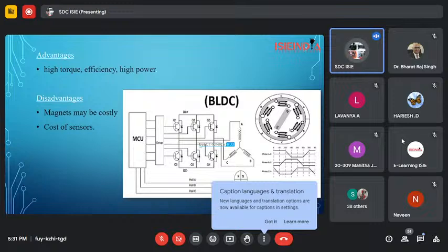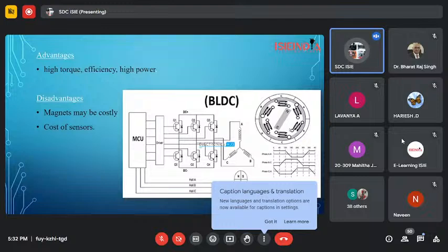So this is the advantage of BLDC motor, because we are recovering that energy, whatever the losses were occurring inside the brushed motor due to those brushes and commutators, the inefficiency. That inefficiency is being eliminated in brushless DC motor.